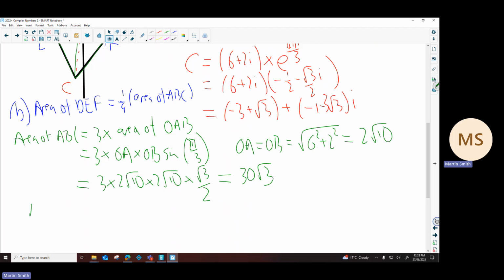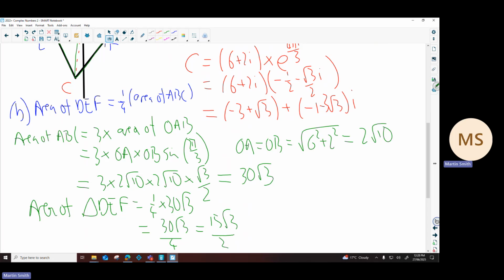So therefore, the area of triangle DEF is a quarter times that, a quarter times 30 root 3. Or if you want, it's 30 root 3 over 4, or 15 root 3 over 2 in a simplified form. Okay. Second video, we'll finish this lesson.